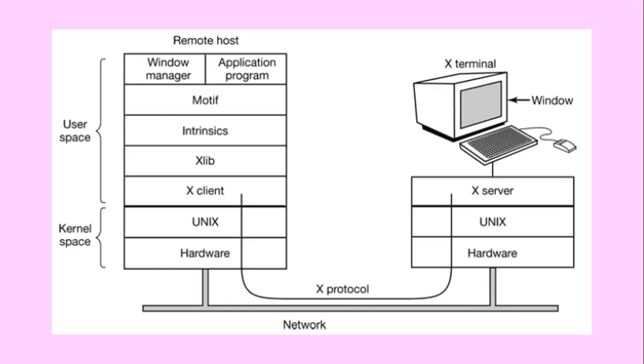These two, the remote host and the X terminal, are all guided by what we call the X protocol. And when the two are connected together, they are, of course, forming a network, or they are a part of a network.